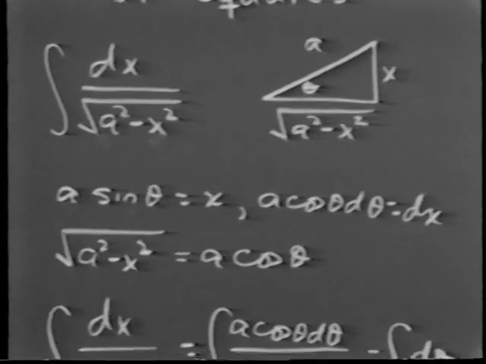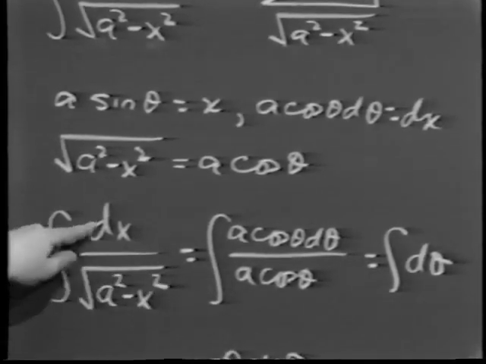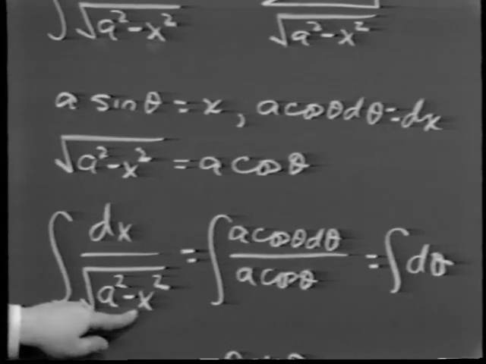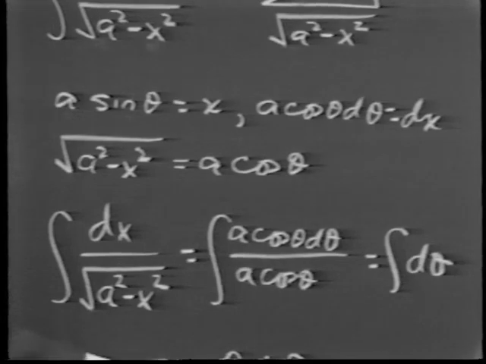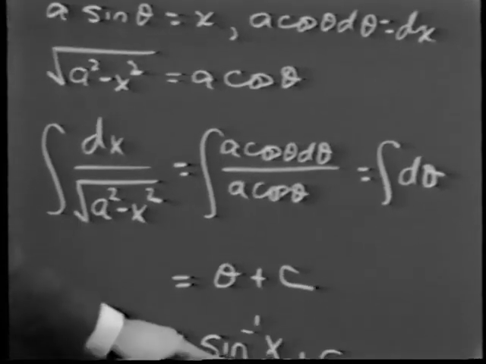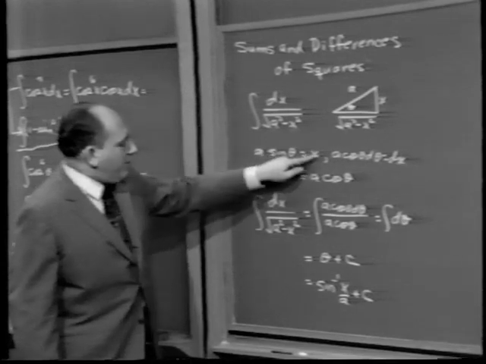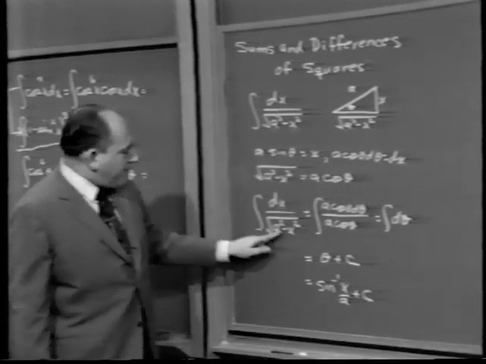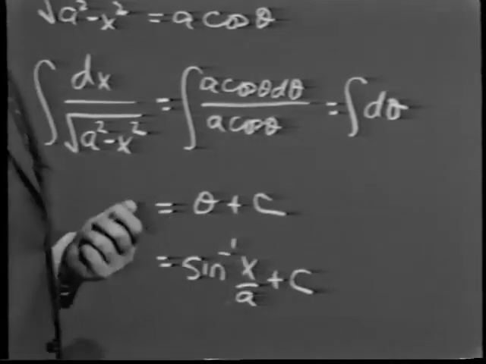If we now make this substitution in this particular integral, we wind up with the integral of dx over the square root of a squared minus x squared equal to the integral of d theta, which is theta plus c. And since theta is the number whose sine is x over a, the answer to this problem is inverse sine of x over a plus a constant.